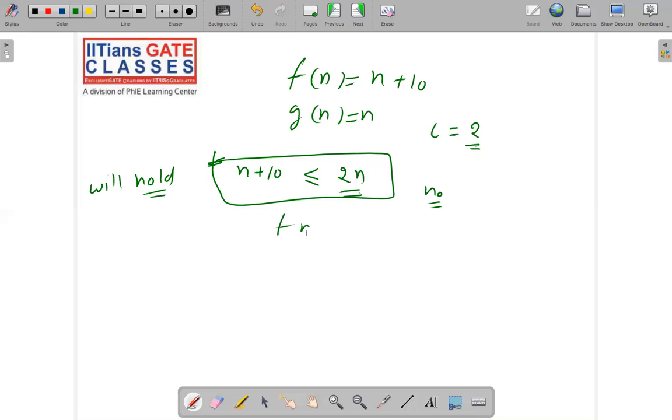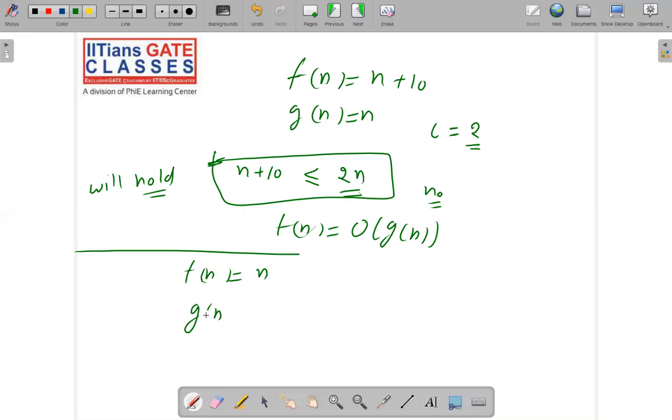So you can say that Fn equal to order of Gn, or big O of Gn. Right. Now let's take one more example. Suppose Fn equal to n and Gn is equal to n square. We can take C equal to 1.